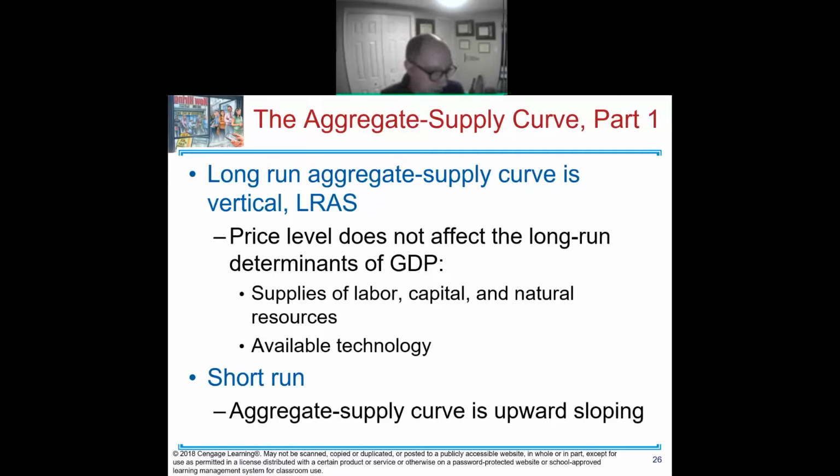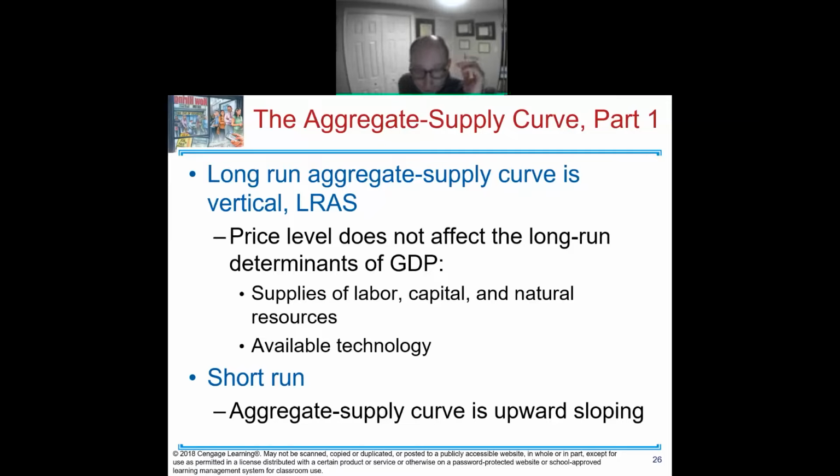From 2008 to 2020, the price was relatively stable. I mean, yeah, it had a couple of peaks and valleys as time went on. But in the long run, the changes in prices were nominal. They really didn't have an impact on gross domestic product.